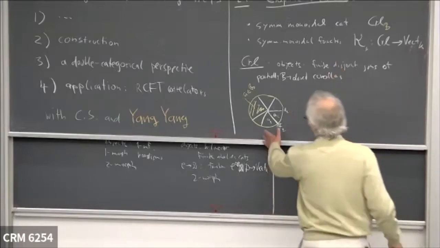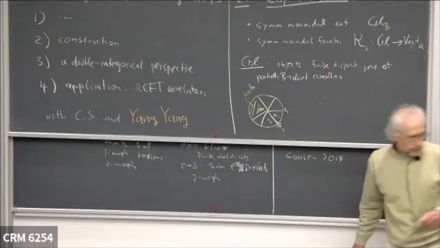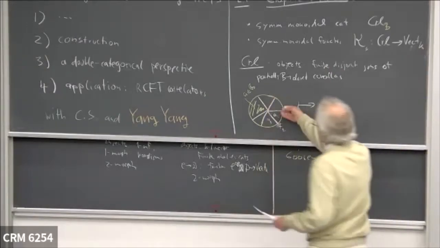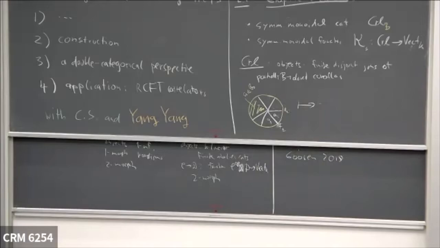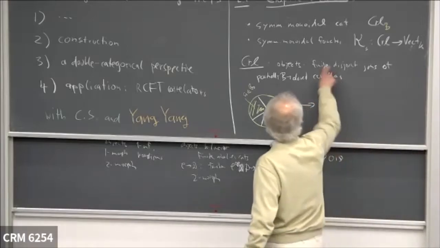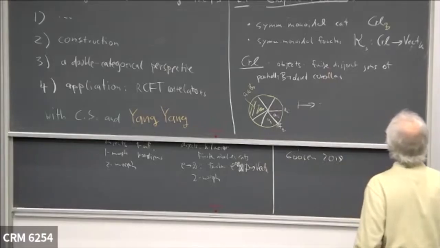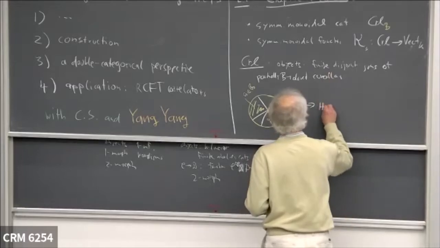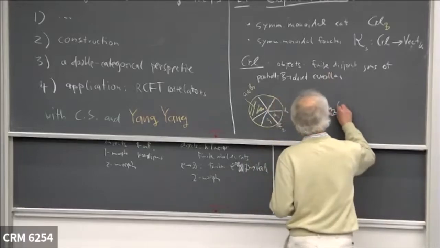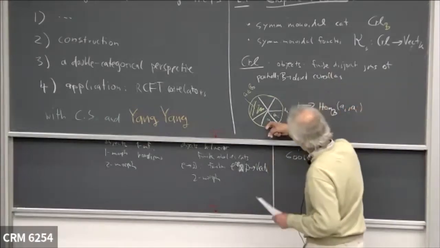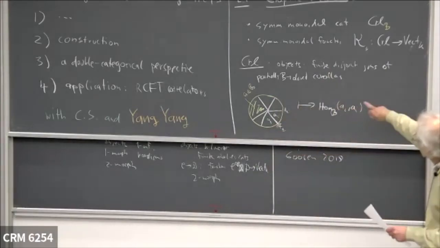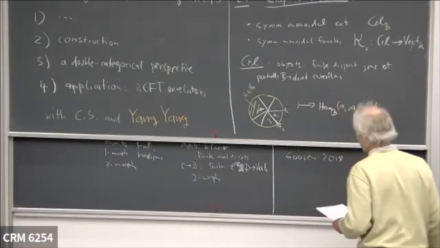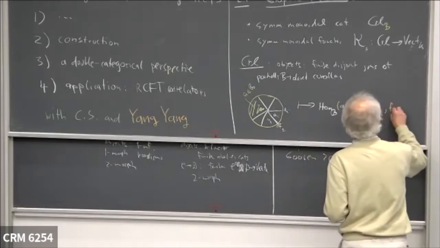I associate to such a corolla, this is a special object, just one piece in my disjoint sum, the hom space in the category for, I choose some i, I take the hom spaces from the identity of this object i to the composition.